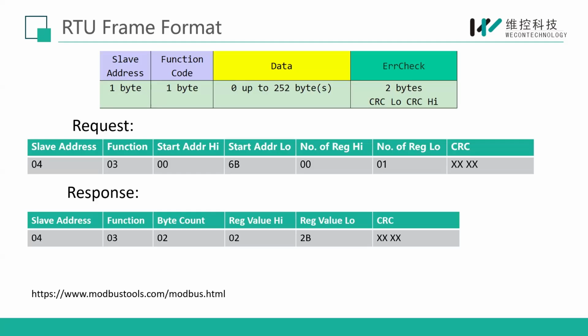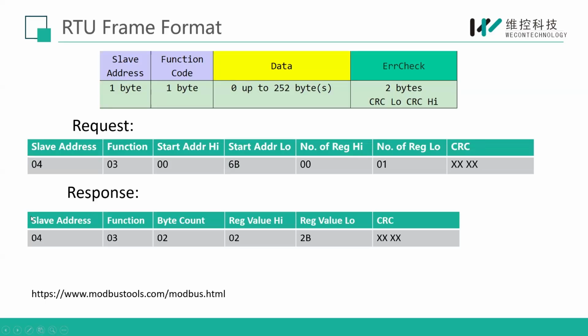These bytes from here to here are for the data. It contains the start address high byte and start address low byte, and number of registers high and number of registers low. So this is the data frame of our request. And the next one is CRC.